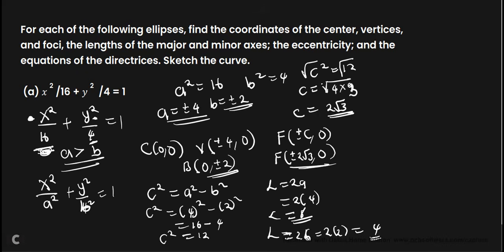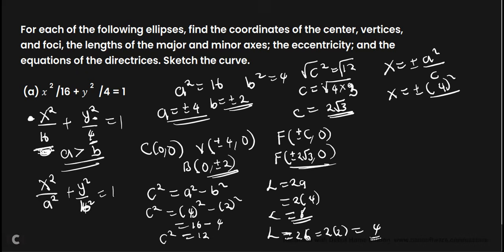Then your directrix. Is it moving in the x-axis or y-axis? It has already shown us that it's moving in the x-axis. So x is equal to positive or negative a squared over c. Your a was 4, so a squared is 16.